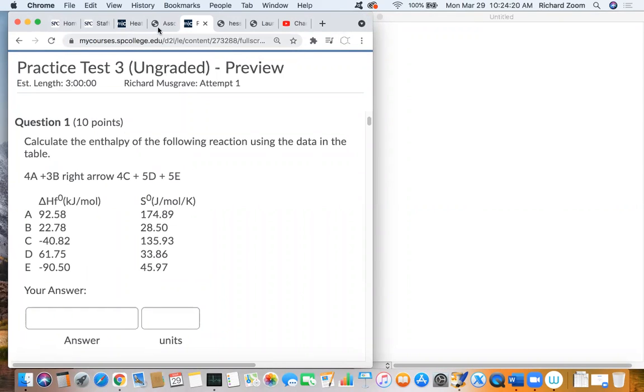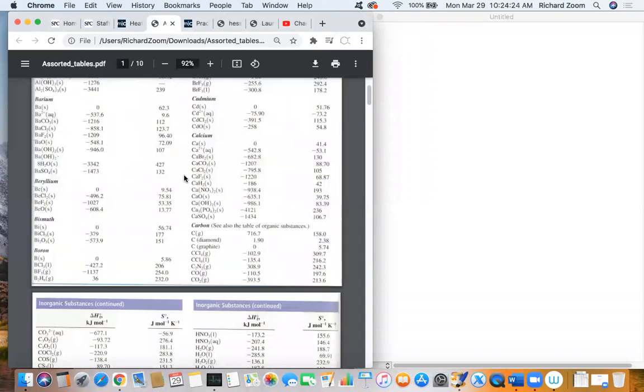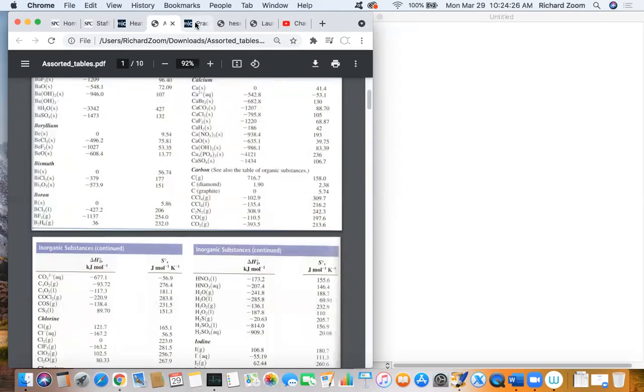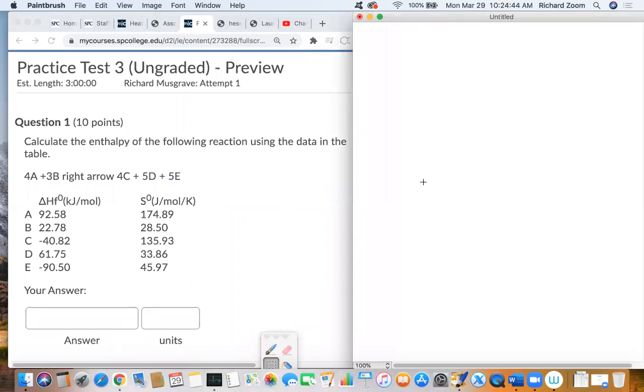I'm not asking you to use a table; I'm providing the actual values. The S0 you can ignore because that's for entropy. You're being asked for enthalpy, which is the delta H.